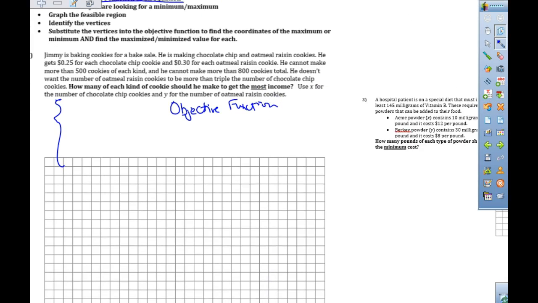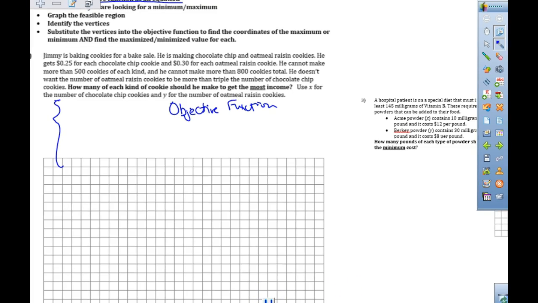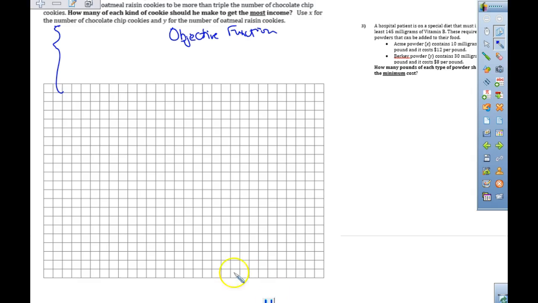So the first thing, they tell us what to use for X and Y. Please go to your graph. They told us X was going to be chocolate chip, and our Y is our oatmeal, right?